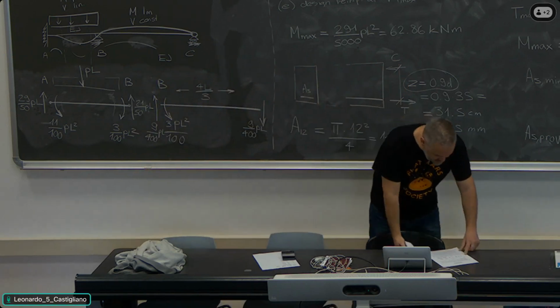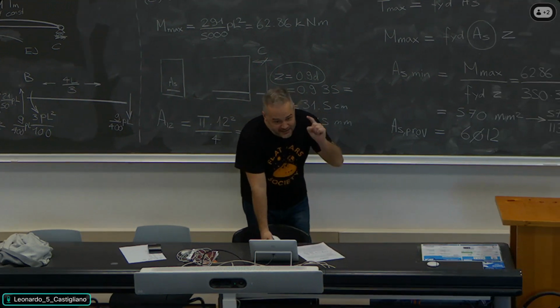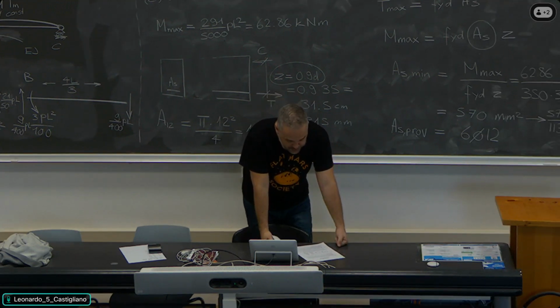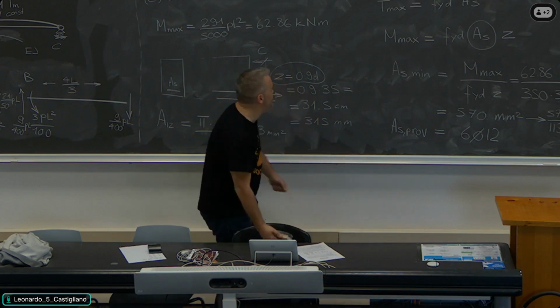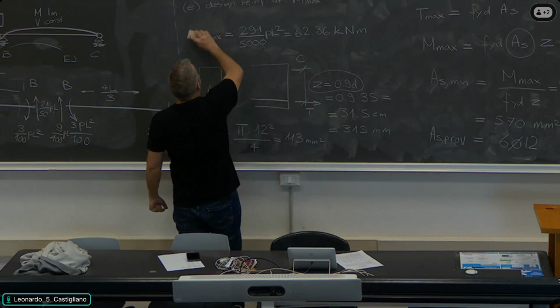Second assignment says, check the longitudinal reinforcement at the top of section B, assuming it consists of 3 12mm diameter rebars. So, different assignment.